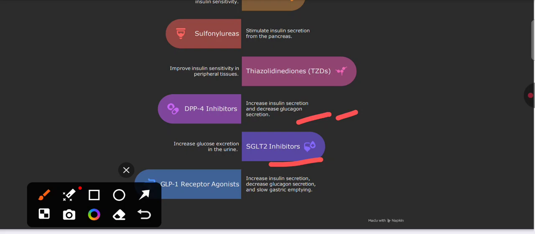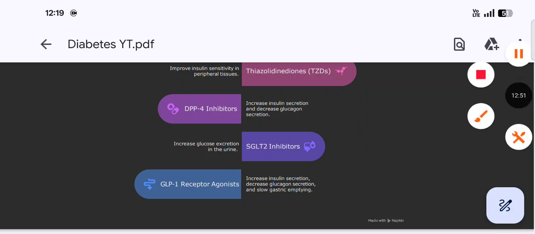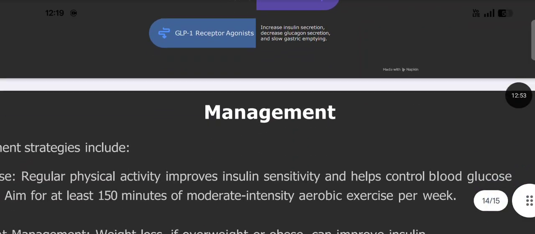SGLT2 inhibitors increase glucose excretion in the urine, so they try to remove the glucose from the body. Next, GLP1 receptor agonists increase insulin secretion, decrease glucagon secretion, and slow gastric emptying. So like this all will regulate our blood glucose level.